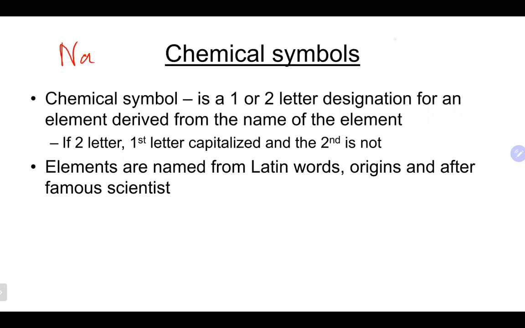Potassium is K. Iron is another one that is a little different, Fe. Copper is Cu. And again, you can see capital letter on the first one, lowercase on the second one. Some other ones: lead, by the way, is Pb. Mercury is Hg. Yeah, that's mercury. Zinc, Zn.